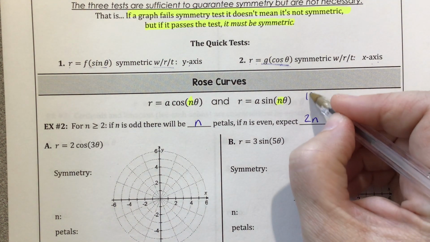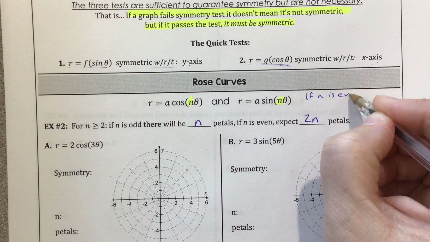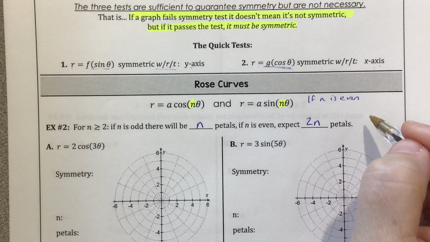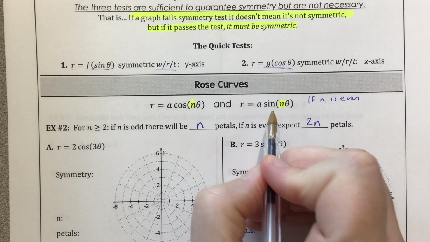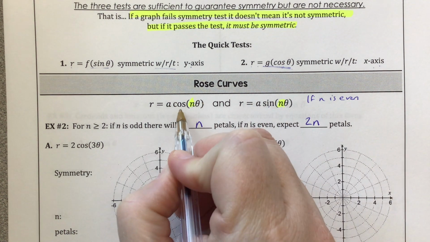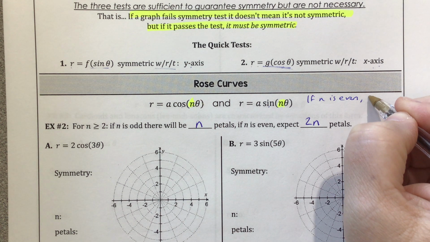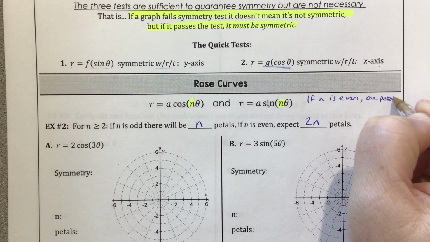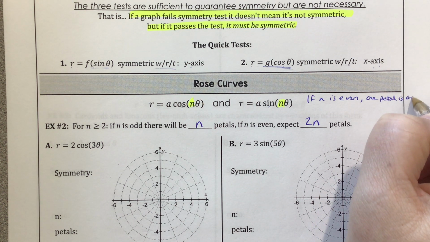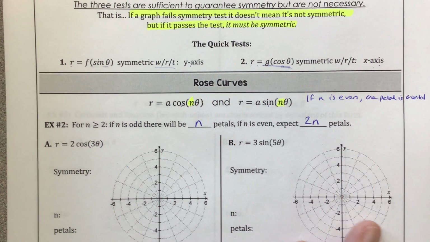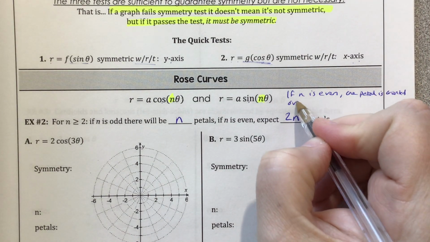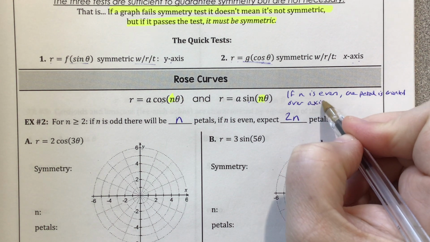If n is even, then I will find my first petal oriented over this axis or this axis. So if n is even, one petal is oriented over an axis.